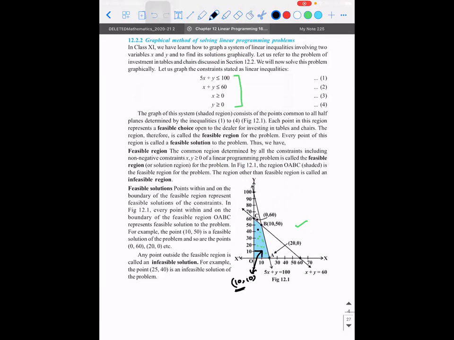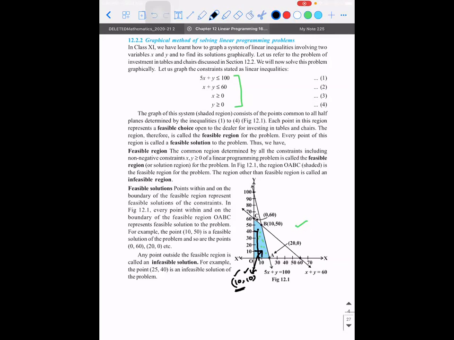So what he can actually think of is, for doing all those combinations, he can think of 10 tables and 10 chairs. Similarly, he can think of, let's say, 5 tables and 40 chairs. He can think of any combination in this region, such that whatever he is going to do, it will definitely be within his budget and within his space constraint.